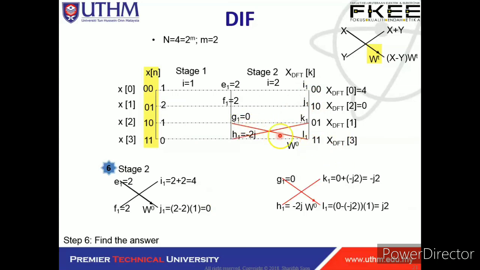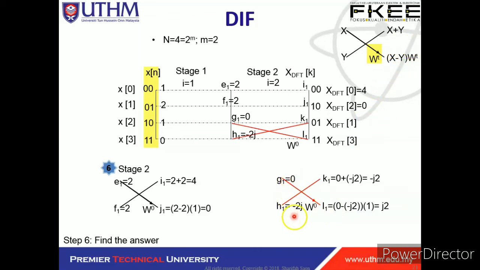Lastly, for the fourth butterfly, we have the first point G1 and the second point H1. So G1 equals to 0, H1 equals to negative 2j. To calculate K1, G1 plus H1 equals to negative j2. And then to calculate L1, we have x minus y multiplied with W^t.